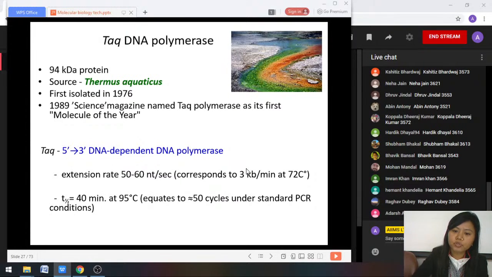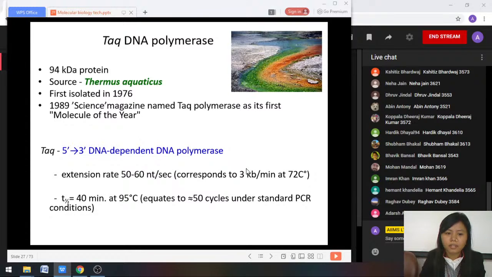At that time there were no thermal cyclers which could do this rapid change of temperature. So what they used to do is keep 3 different water baths at different temperatures, 95, 55, 72, and be ready with the enzyme solution at one end. They used to put the PCR tube into one water bath, then the second, then the third. Every time it passed through 95, somebody had to manually open the tube, add a fresh batch of enzyme or polymerase, close the tube and put it back in the water bath, right?